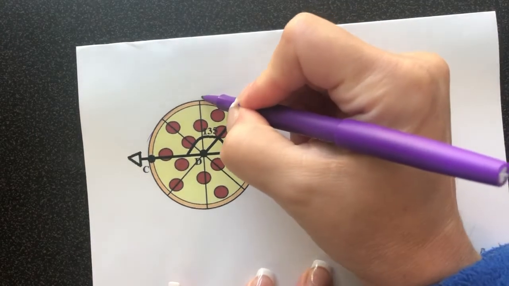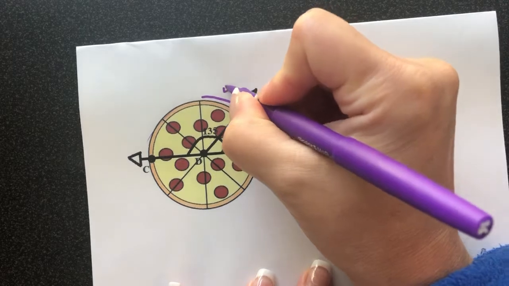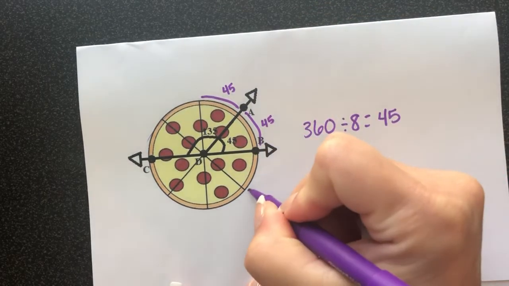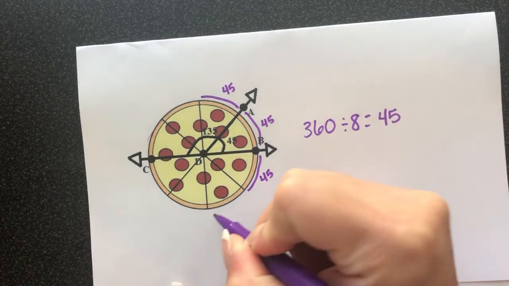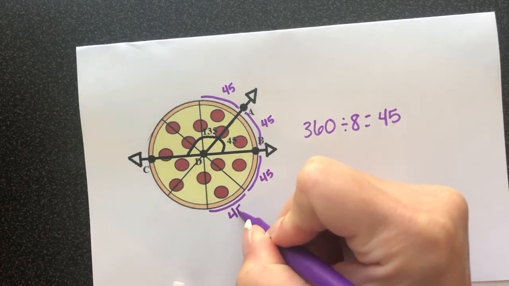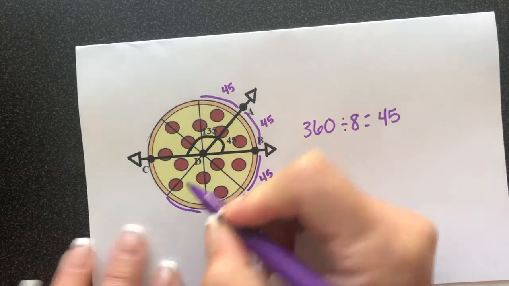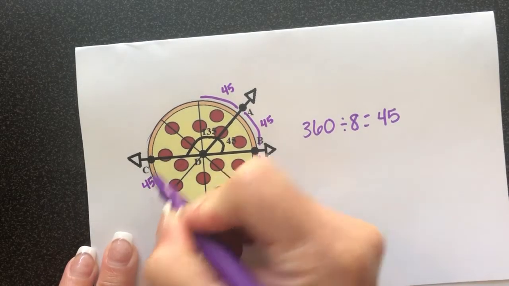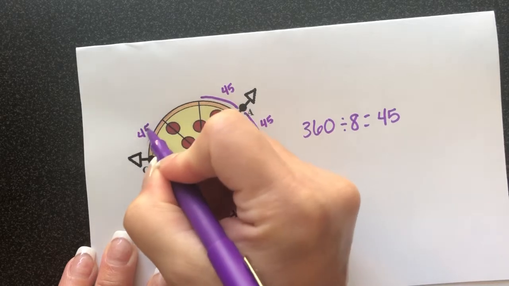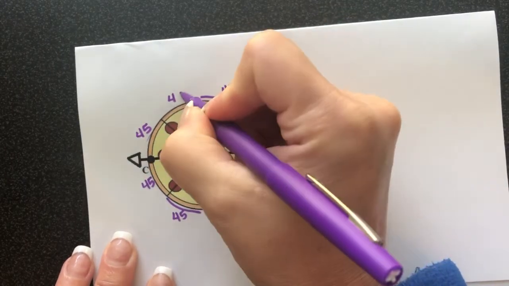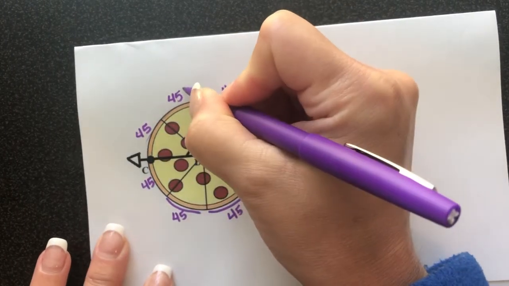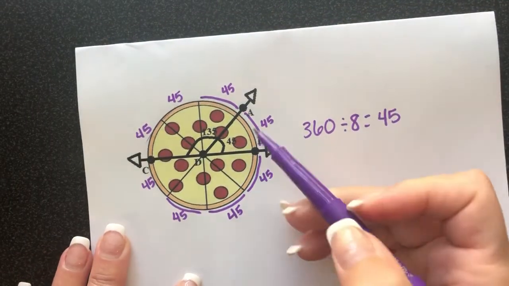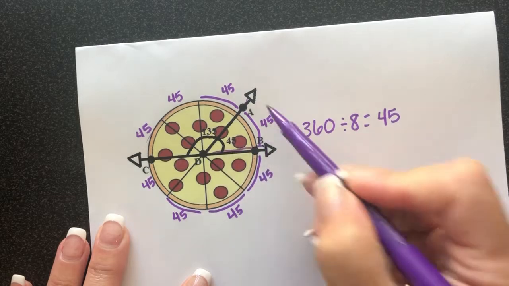So each slice of pizza has a measure of 45 degrees. Bear with me while I go around. When you eat one slice of this pizza, that represents 45 degrees of a full circle. That's this angle right here.